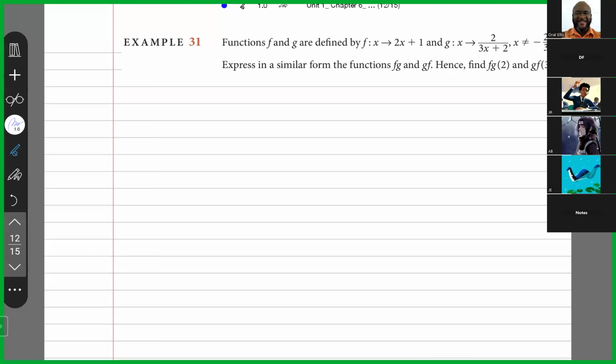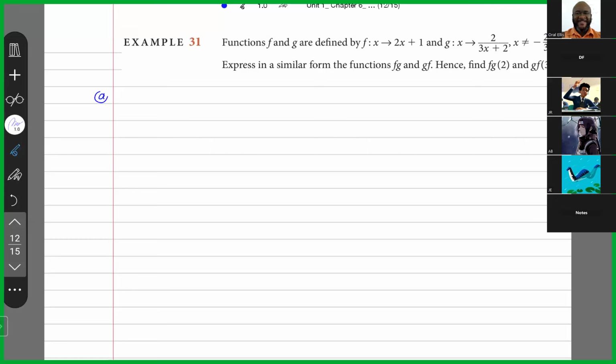All right, so next we're looking at example 31. Example 31 says the functions f and g are defined as f of x is equal to 2x plus 1, g of x is equal to 2 over 3x plus 2, where x is not equal to minus 2/3. We're asked to express in a similar form the functions f of g and g of f. So let's start there.